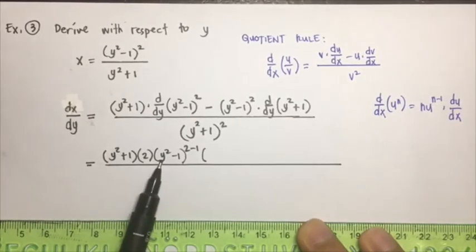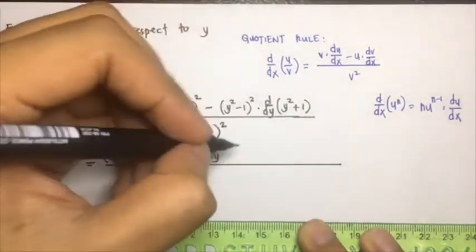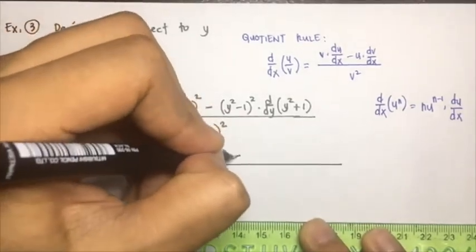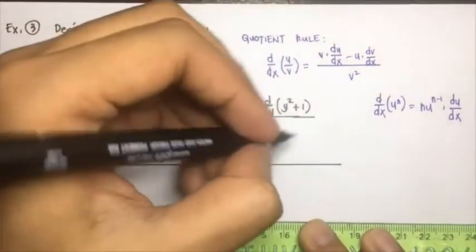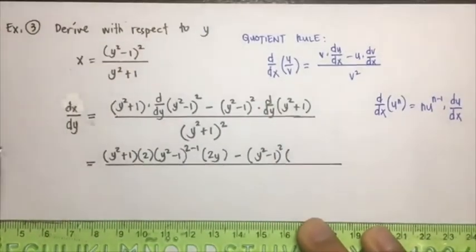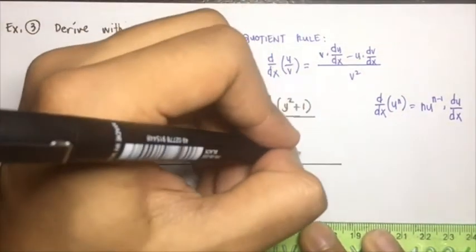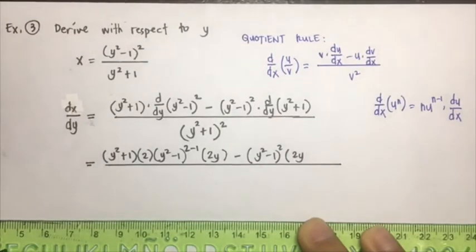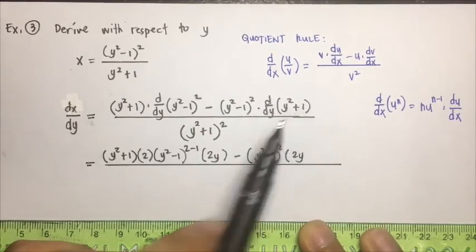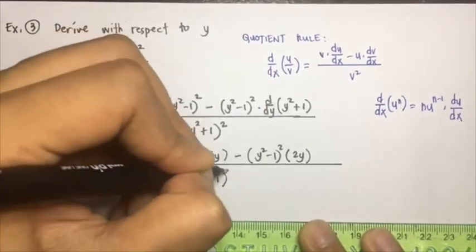the derivative of this with respect to y. The derivative of y squared is 2y, minus constant, so 0, so times 2y. Minus, copy y squared minus 1 squared, and then multiply with the derivative of y squared plus 1. The derivative of y squared with respect to y is 2y, and the derivative of the constant is 0, over y squared plus 1 squared.